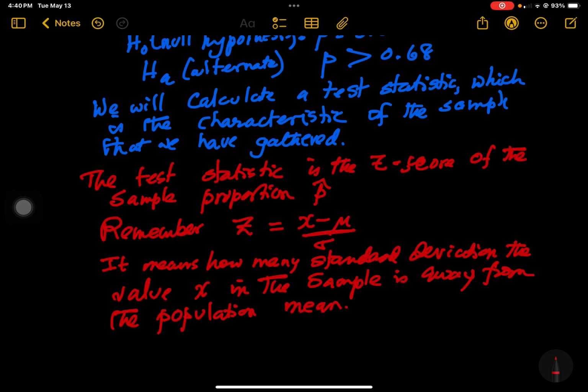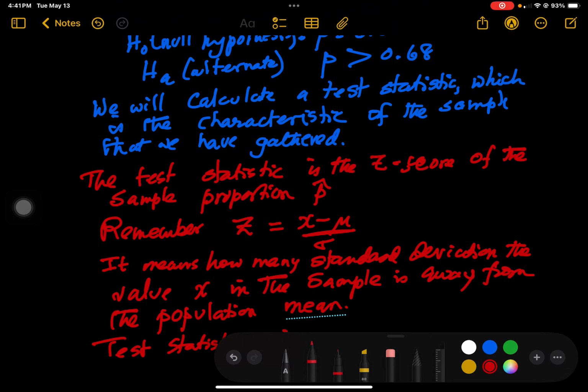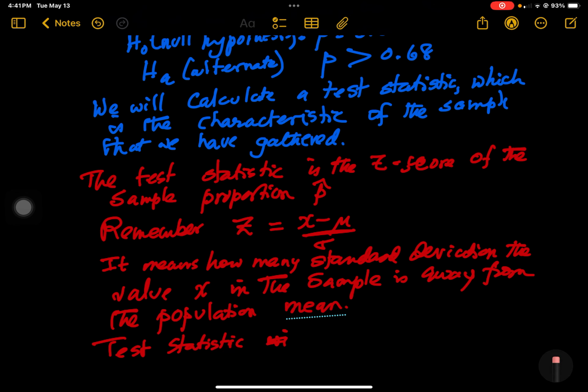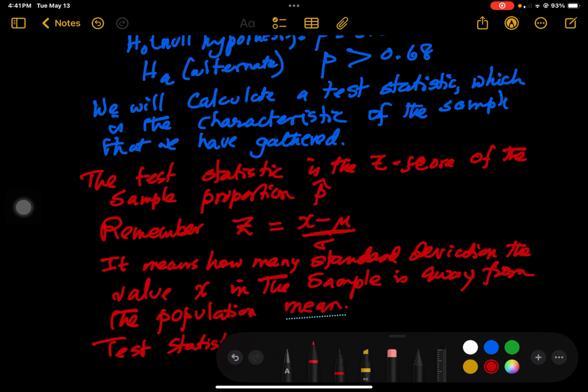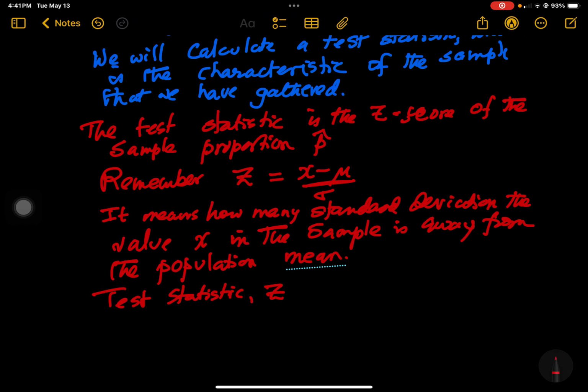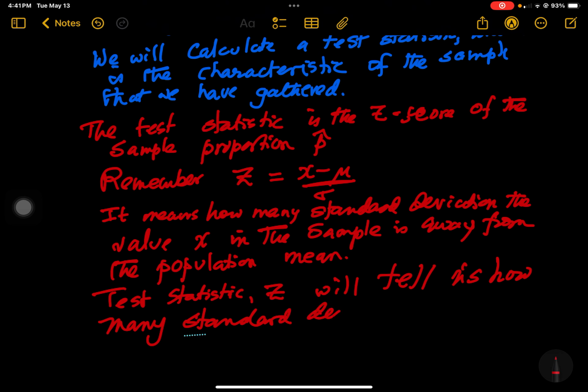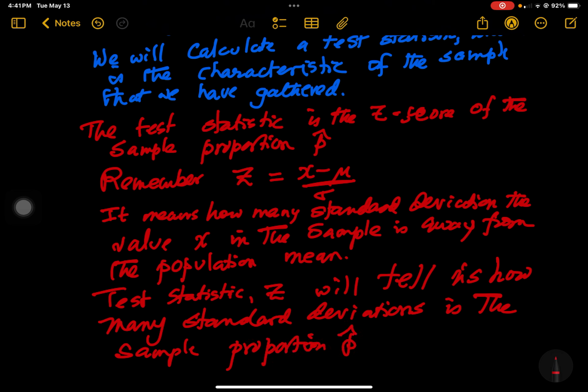So test statistic z will tell us how many standard deviations the sample proportion p hat is away from the value p in the null hypothesis.